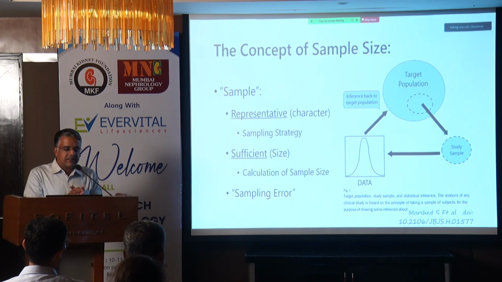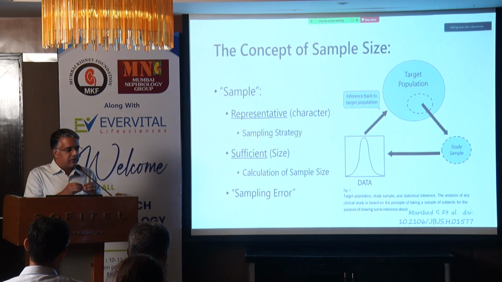I want to discuss a couple of slides on this, because most of us, I'm sure, reviewing papers for journals also, find that sample size calculation is mostly non-existent. Most of the time, even if you raise a question, the reply will usually be that it is convenient sampling, but convenient sampling is a sampling strategy, it is not a sample. So having the right sample is extremely important.